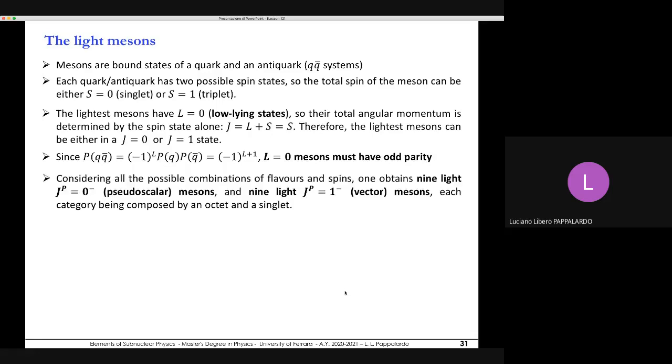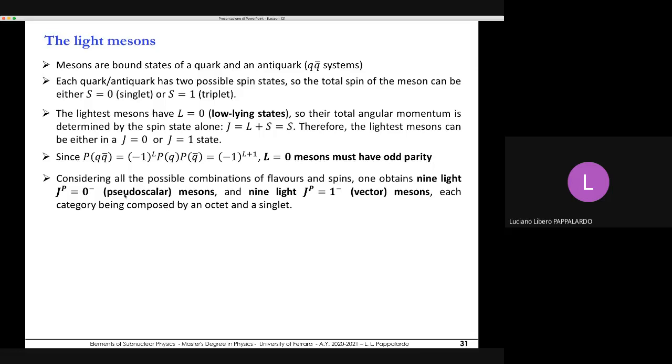Now, considering all the possible combinations of flavors and spins, one obtains 9 light J^P = 0^- pseudoscalar mesons and 9 light J^P = 1^- vector mesons, where each category is composed of an octet and a singlet. So what do we have here? 0, because it is the case where we consider singlet spin states, and minus because the parity is always negative for low-lying mesons.